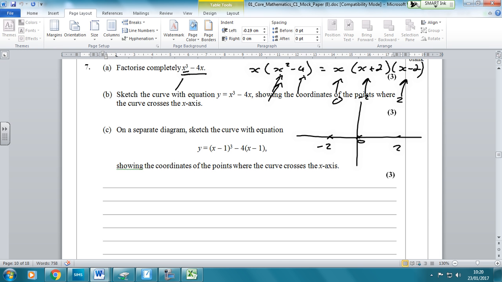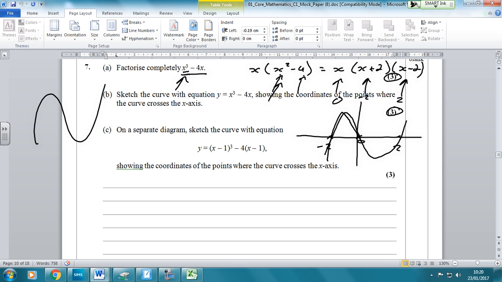And because it's an x cubed, what we know is that it's a positive x cubed, so therefore it's going to be a graph which looks like that. That's all we do. If you draw it with a nicer smooth curve than mine's got there. So doing that gets you 3 marks. That's 6 marks on this question, really quite quickly.